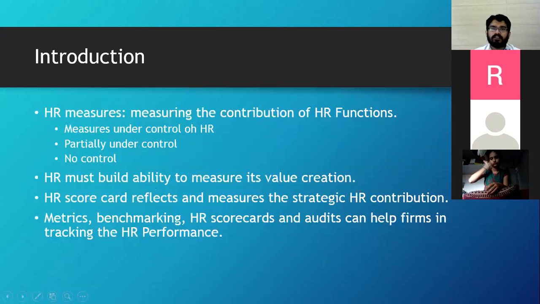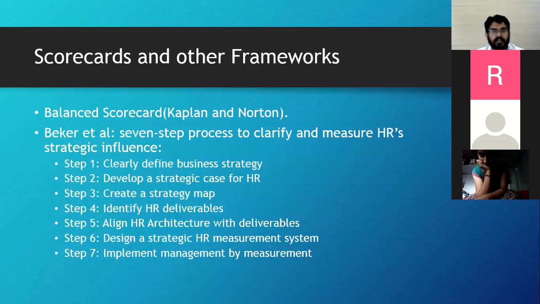In the previous class, we started with the HR framework, where we studied that it measures the contribution of HR functions. Then we also studied Becker's 7-step process to clarify and measure HR strategic influence, how HR influences the achievement of the goals and objectives of the organization.